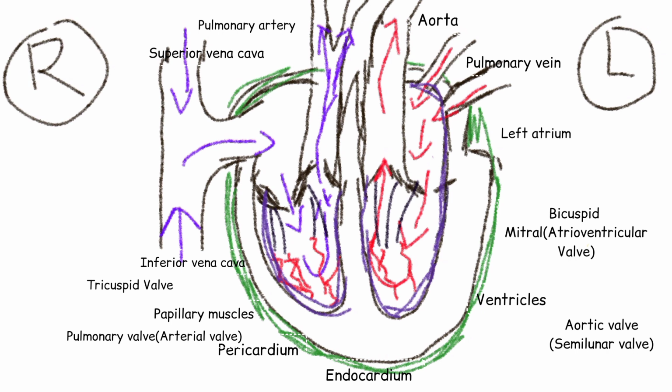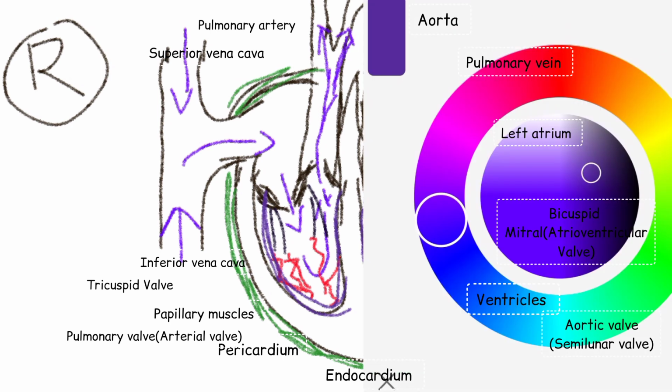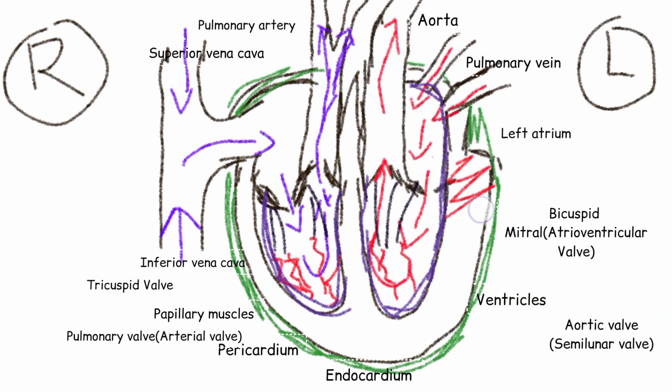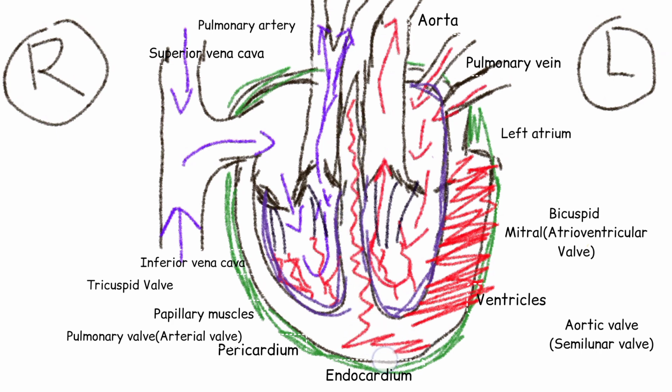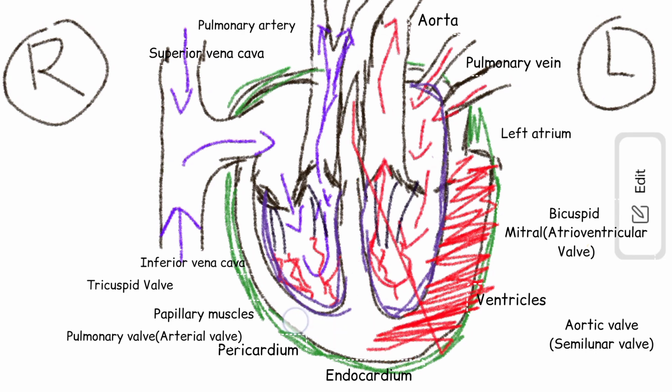And then there is the thick muscular middle layer, the thick muscular wall of the ventricles and atria, the right ventricle and right atrium. All of these contain a band of specialized muscle called cardiac muscle.